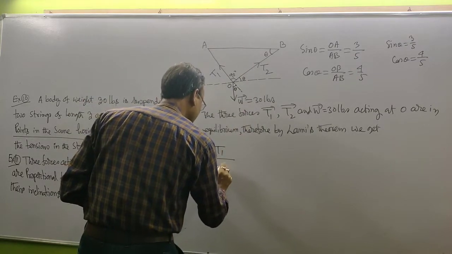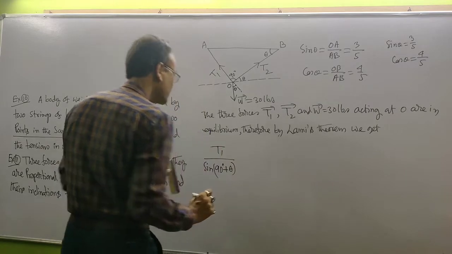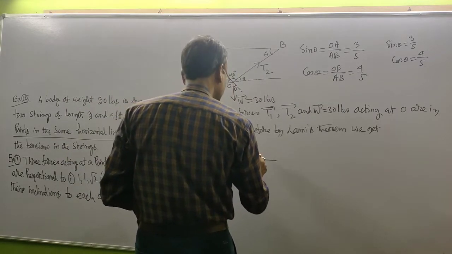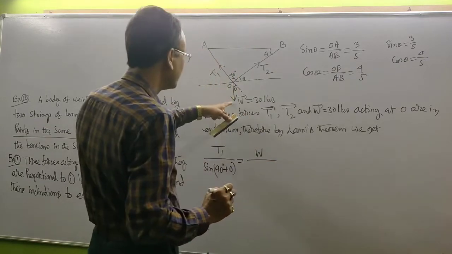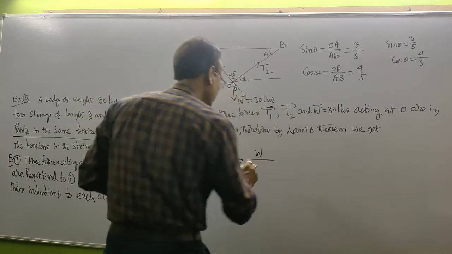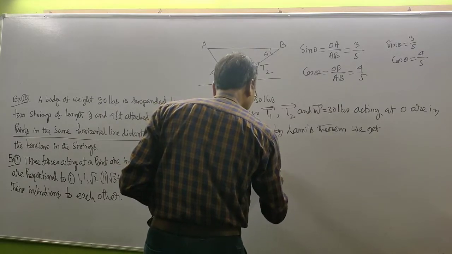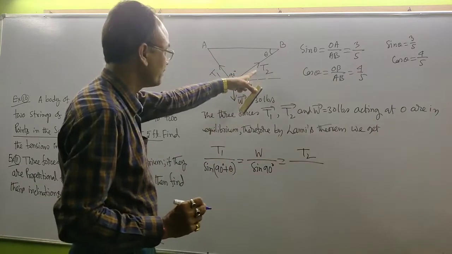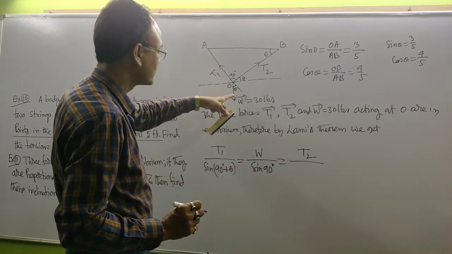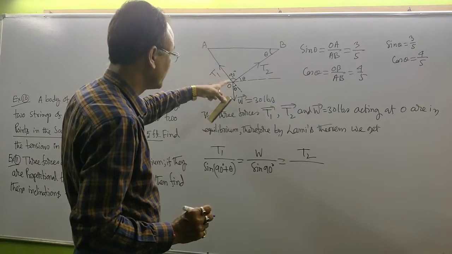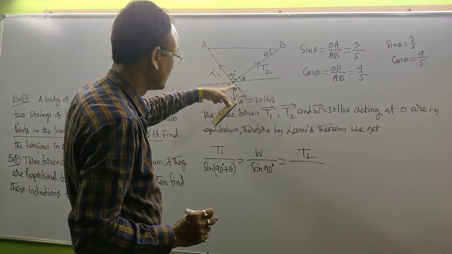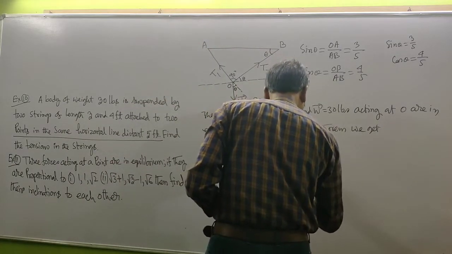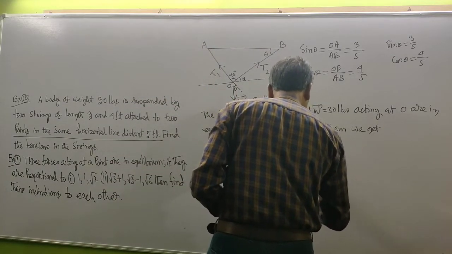Sine of 90 degrees plus theta is equal to W divided by the sine of the angle between T1 and T2, sine 90 degrees, which is equal to T2, the magnitude of the force T2, divided by the sine of the angle between T1 and W, and this is 180 degrees minus theta. It will be sine 180 degrees minus theta.